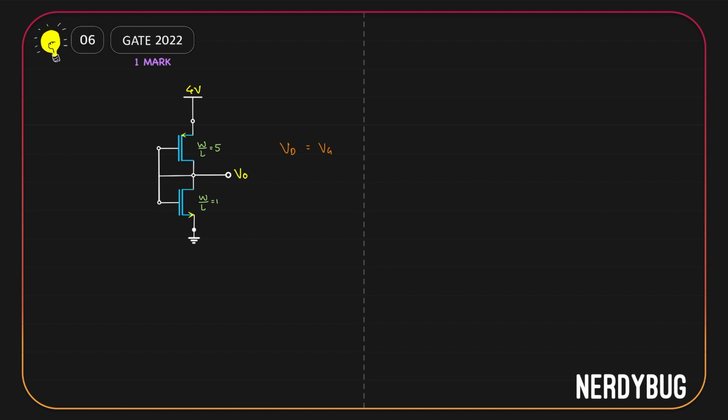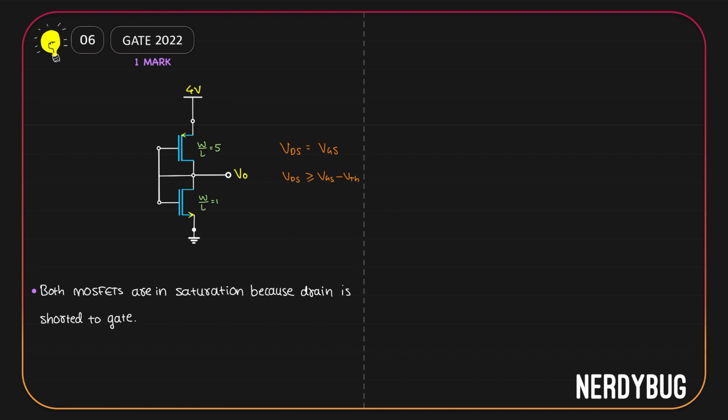That means VDS, which is the voltage of the drain with respect to the source, will be equal to VGS, which is the voltage of the gate with respect to the source. That means VDS will always be greater than or equal to VGS minus VTH, which means the MOSFETs are always going to be in saturation.